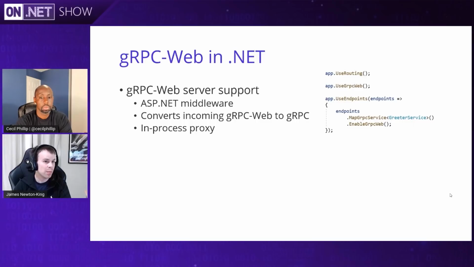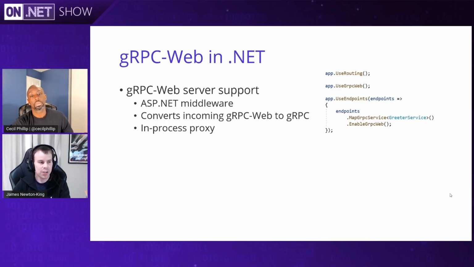So gRPC-Web and .NET, you no longer need Envoy. Instead, we have an ASP.NET Core middleware that acts kind of like an in-process proxy, and it will just automatically transform any gRPC-Web requests it sees coming in, and then it will invoke your gRPC services.